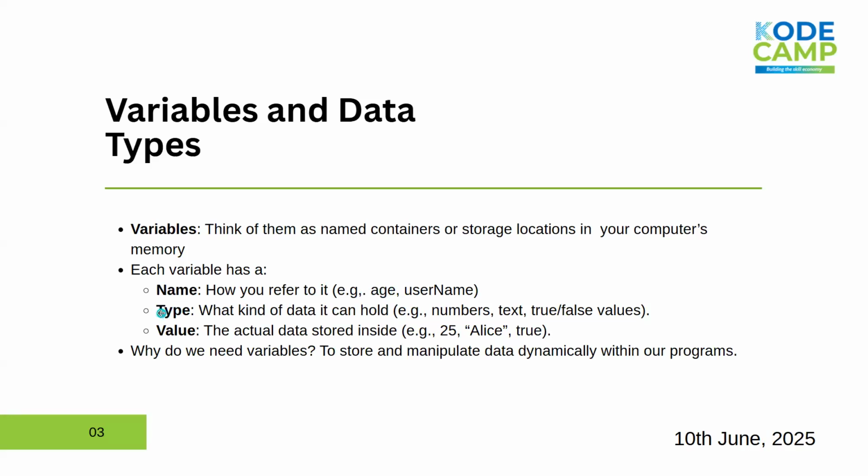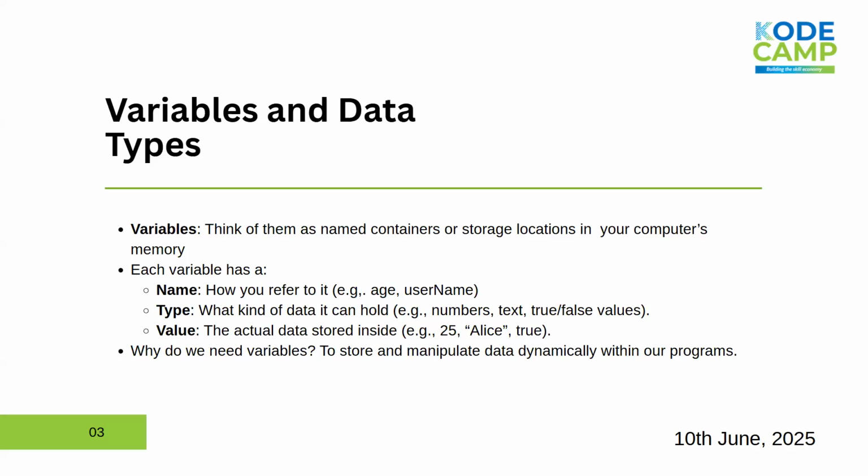Then after the name, the next thing is the type. What kind of data will this variable hold? In C Sharp, we have different data types. Data can be numbers, or it can be text, or it can be a true or false value.